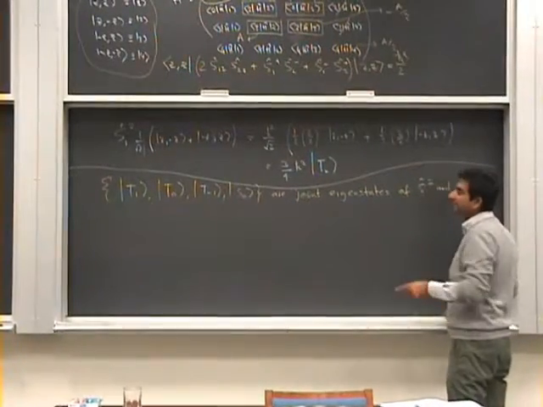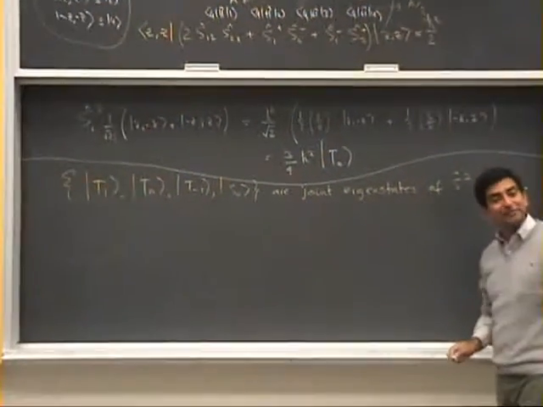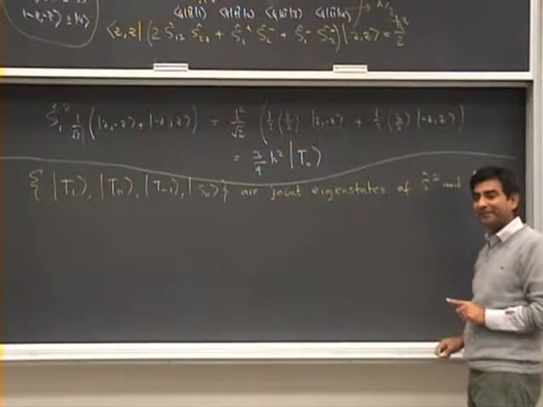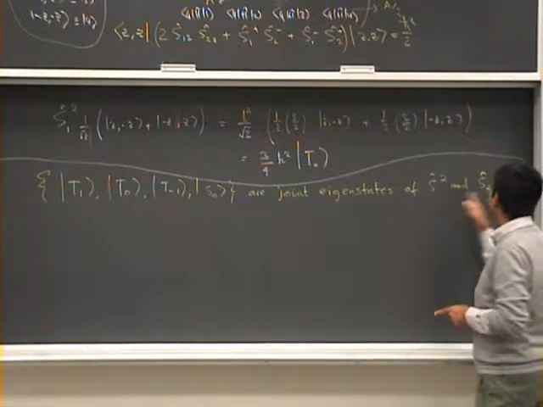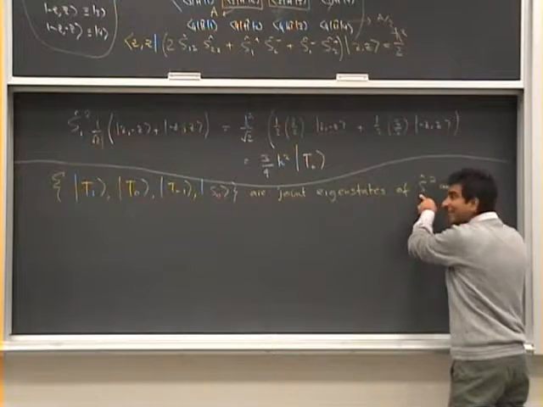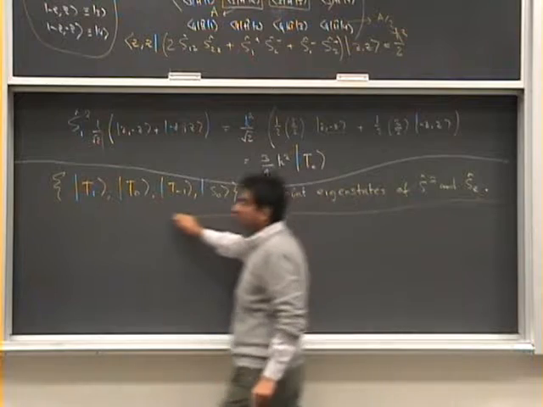Because these are eigenstates of S1 dot S2, they are eigenstates of S1 squared and S2 squared, so they must be eigenstates of S squared, and if they are eigenstates of S squared, they must be eigenstates of Sz, because these two mutually commute. So this is the major result that we established.